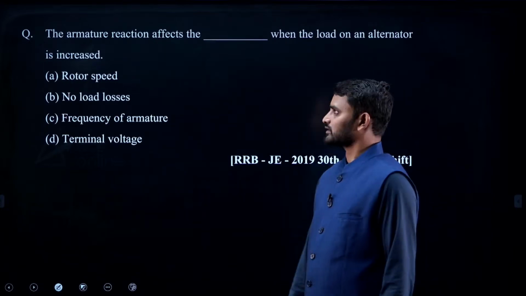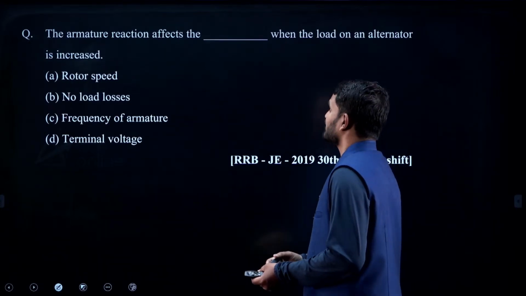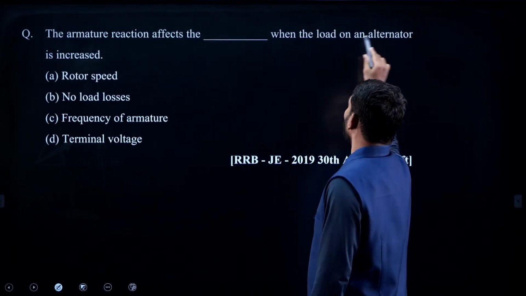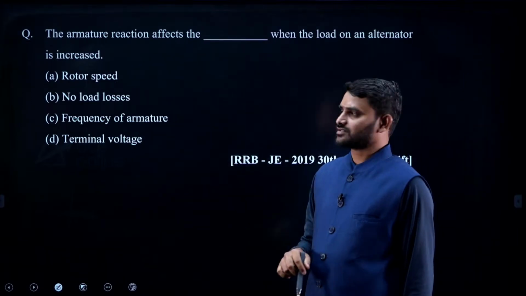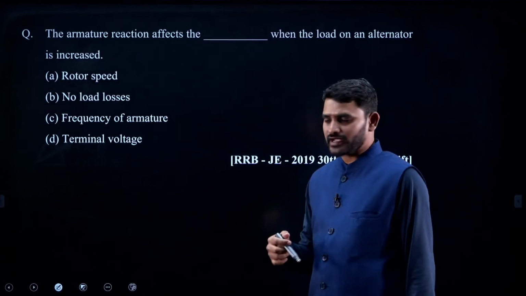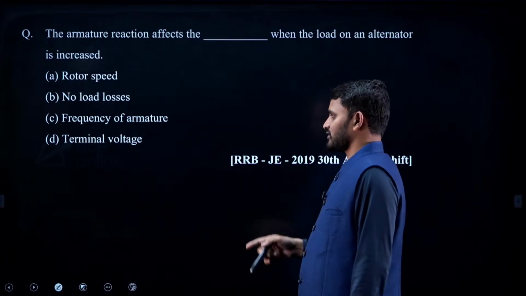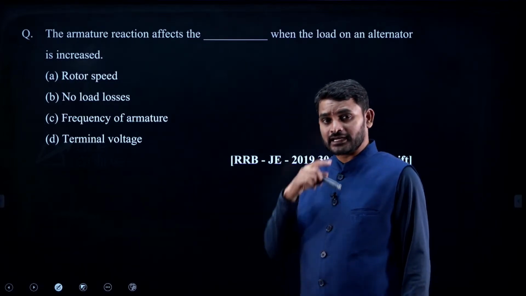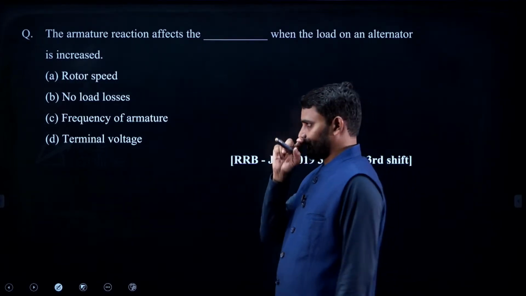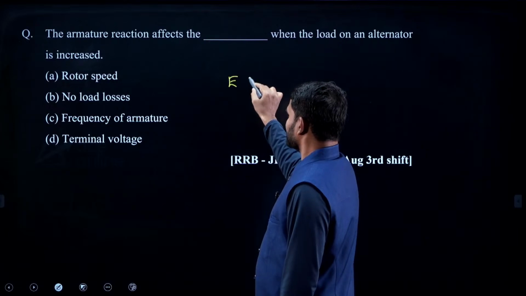Now look at the next question. The armature reaction affects the dash when the load on the alternator is increased. Will it affect the rotor speed, the no load losses, the frequency of armature, or the terminal voltage? EMF is proportional to flux.